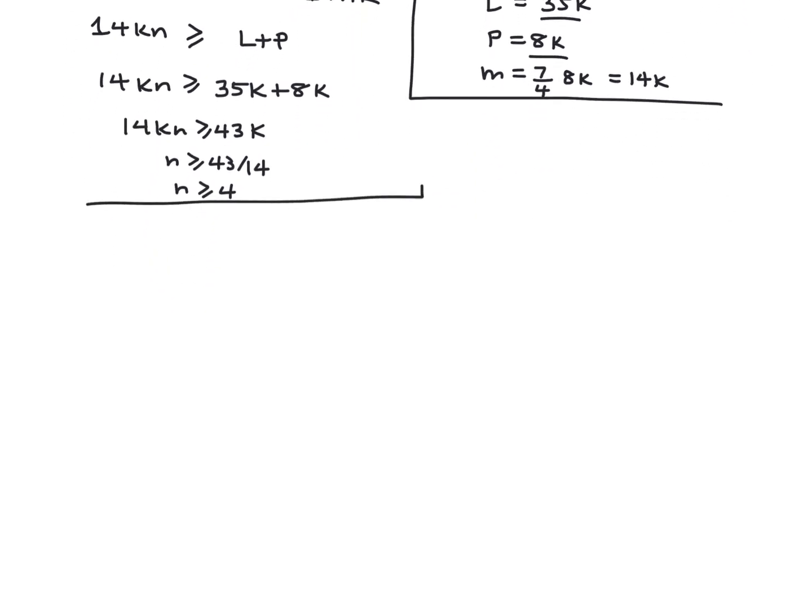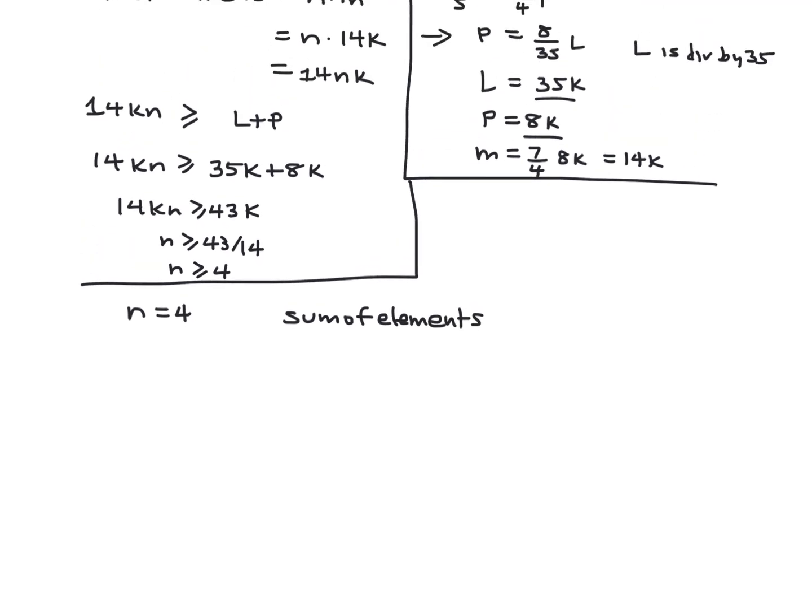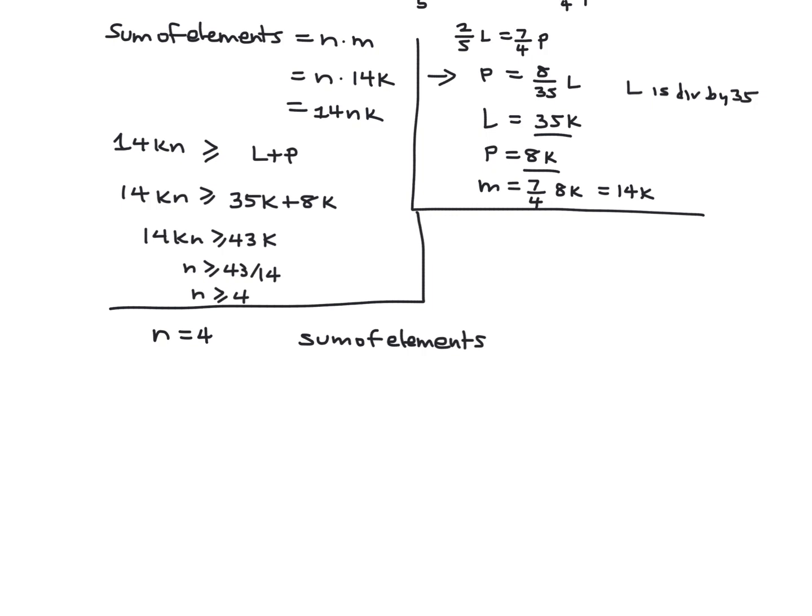Well, let's try 4 and then let's take it from there. That is the minimum possible value, but we have to make sure that it actually works. If n is 4, then the sum of the elements, where's the sum of the elements guy? Right here. It would be 14 times n times k, which is 56k.